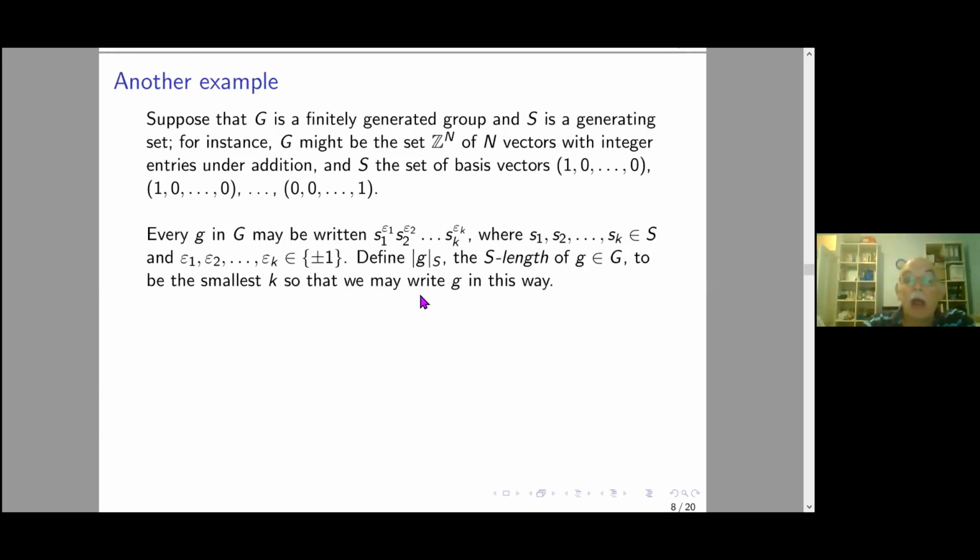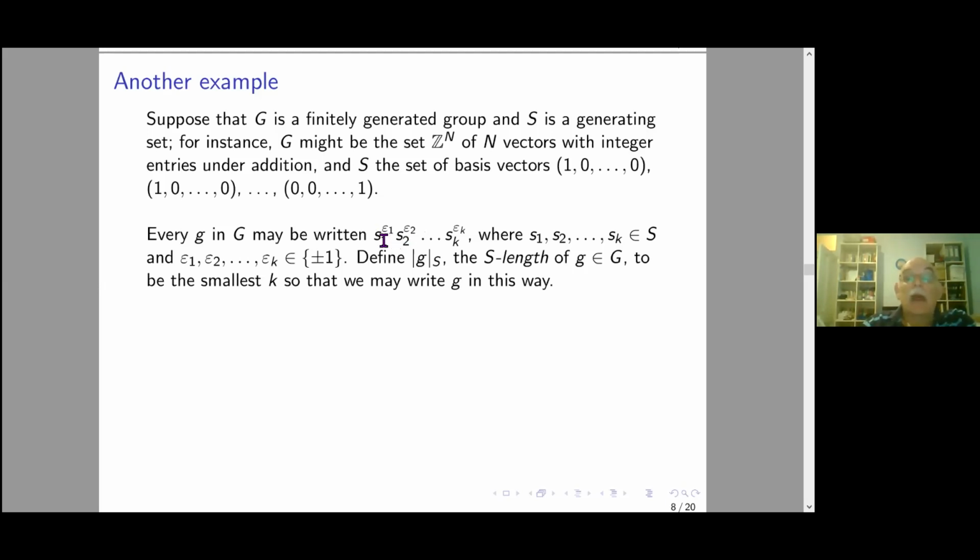So then I define the length of an element g, and this is a length that depends a little bit on the generating set, so I've called it the S-length. I write that to be the smallest k so that I can write it in this way with S1, S2, and so on. Somehow the idea is that each of these things where I've got a plus or minus 1 corresponds to moving in one direction or another direction at distance 1.